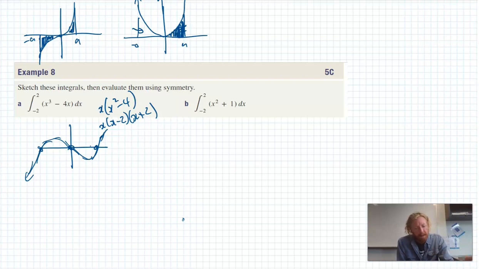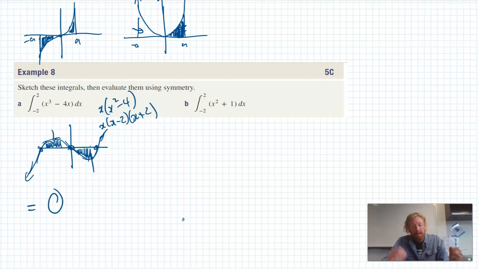Now, because of symmetry, I know that this will have the same area as that. So this is negative. If that's 2, that's 2. For the integral, if that was negative 2, that would be 2. If that was negative 5, the other one would be 5. It doesn't really matter.